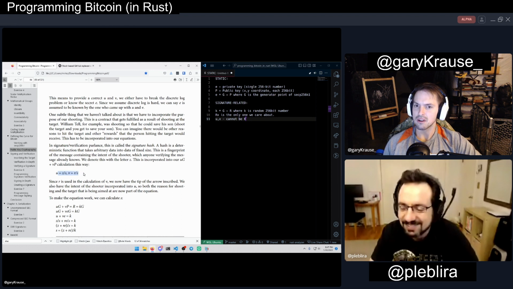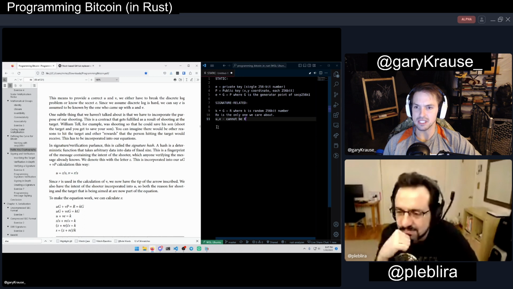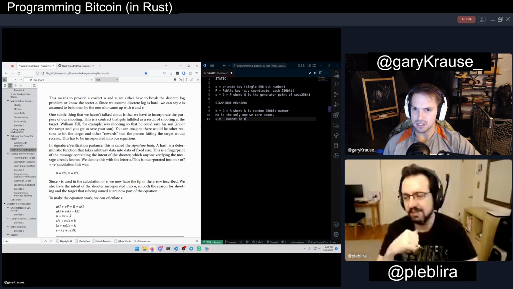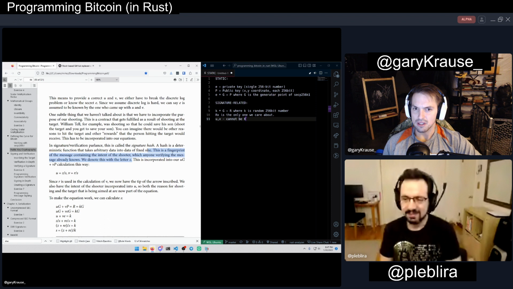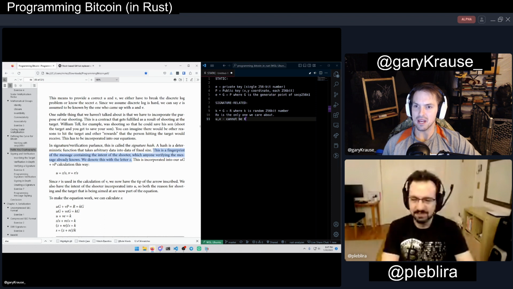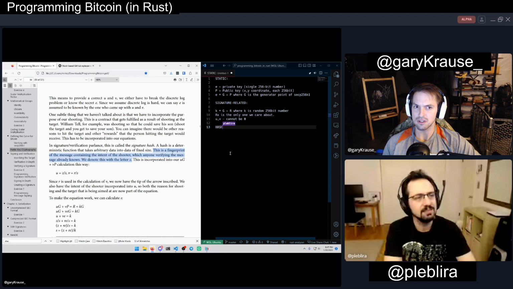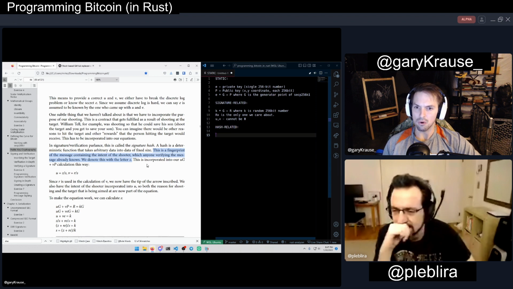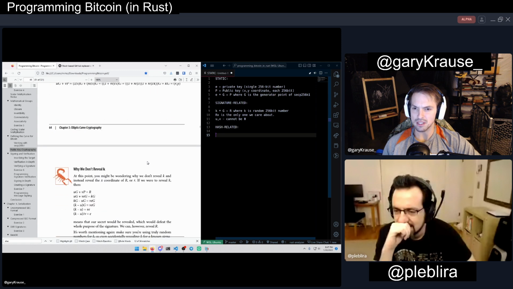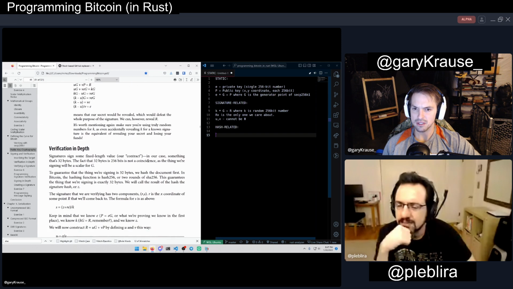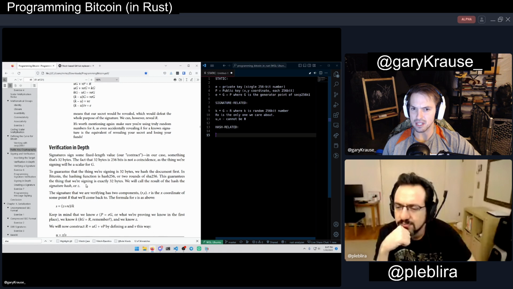Exactly. So we have the letter Z, which is the fingerprint of the message containing the intent of the shooter. I think they also talk about it down here in the verification.